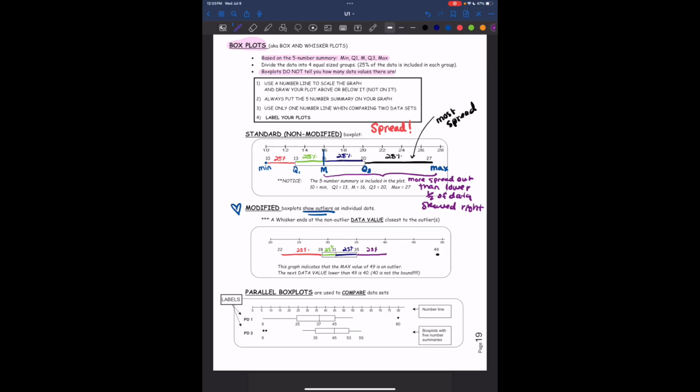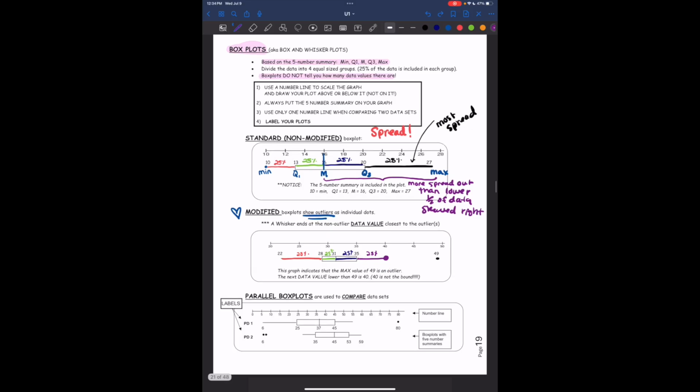Where this stops right here, this is your lower bound. Whenever you are making a modified box plot, actually, I lied. That's not your lower bound. That is the next data value.